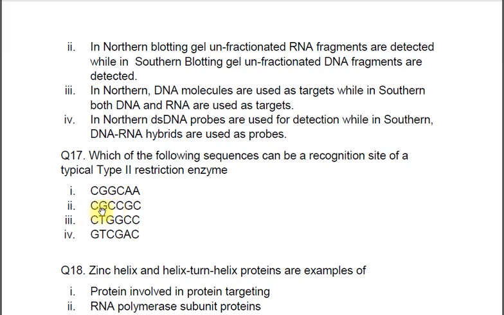So it remains the same. Such sequences are called palindromes. Palindromes are usually 4 to 8 base pairs in length, and when they are read in either direction they are the same. They are the recognition site for a typical type 2 restriction enzyme. So here the correct option is option number 2.